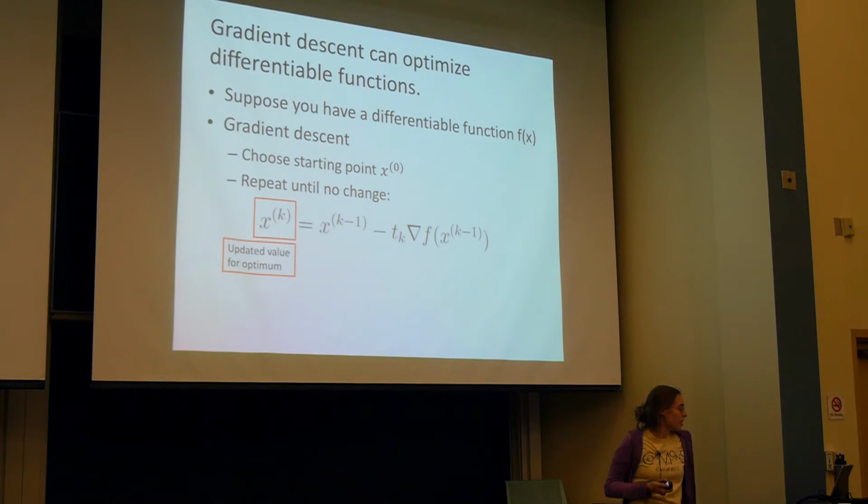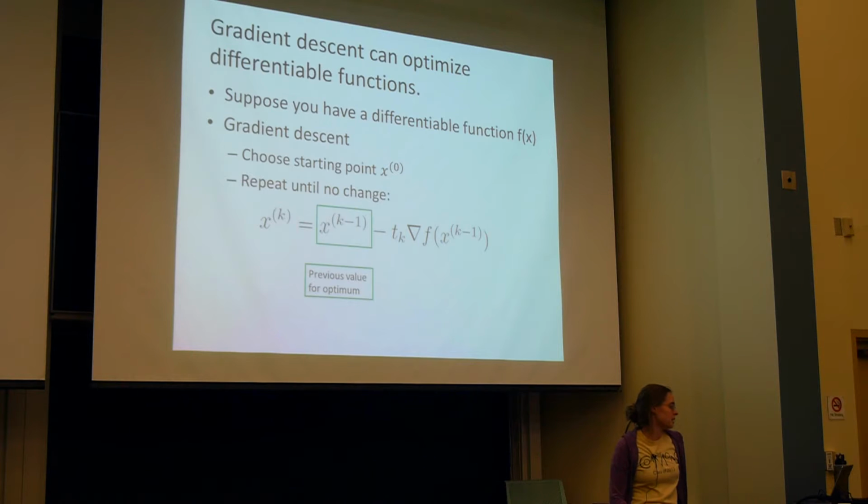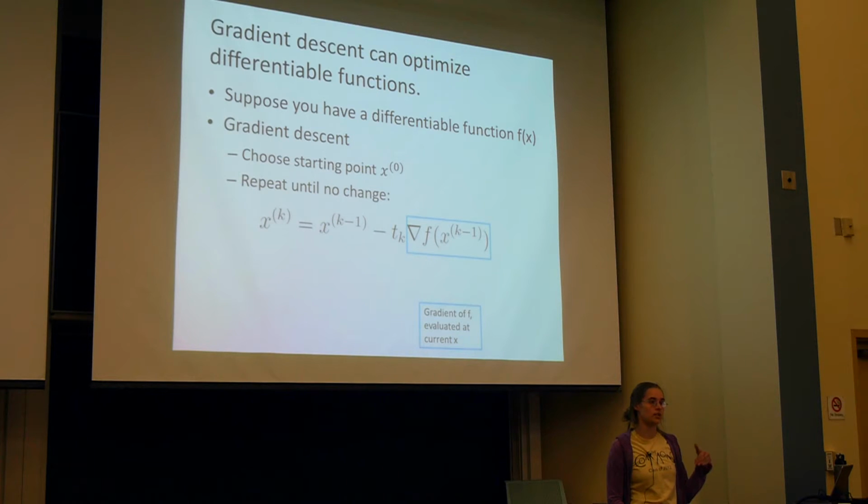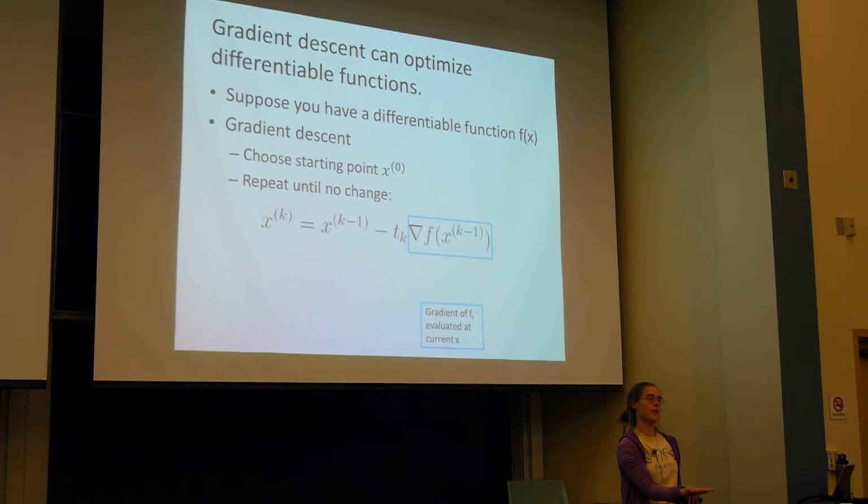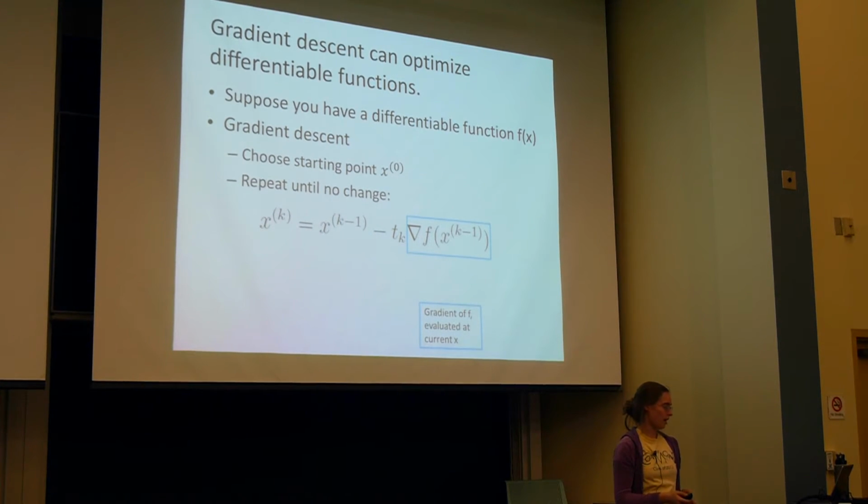So to sum it up, you get a new update for your optimum point that's based on the previous value, and you take a little step in the direction of the gradient evaluated at your current point. So basically you're taking little steps in the direction of the gradient, so you can imagine if your function is a nice convex function, eventually as you're moving along the direction of the gradient, you're going to end up at the bottom, which would be the optimum.